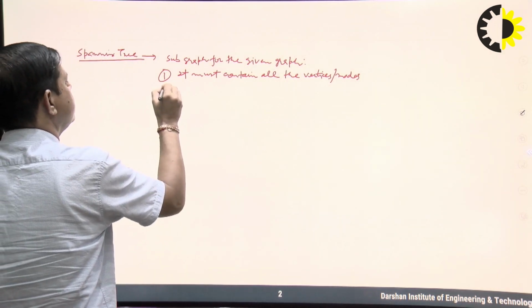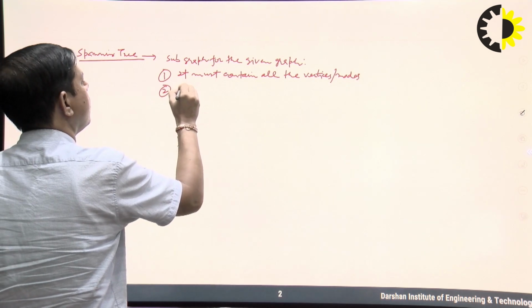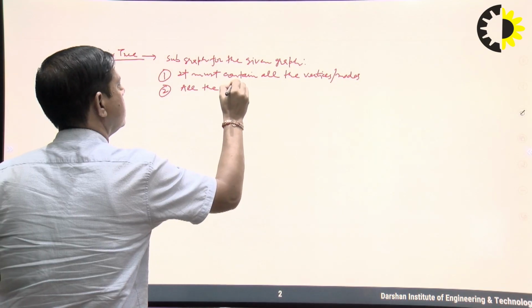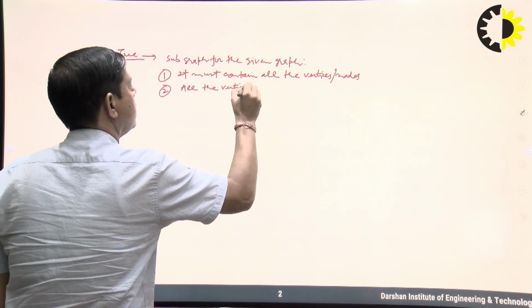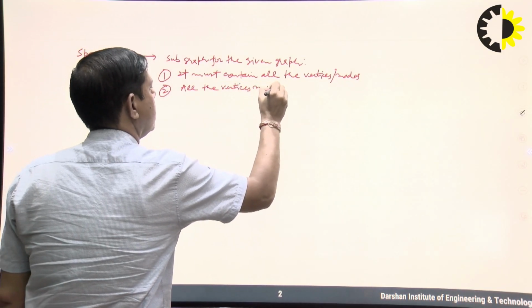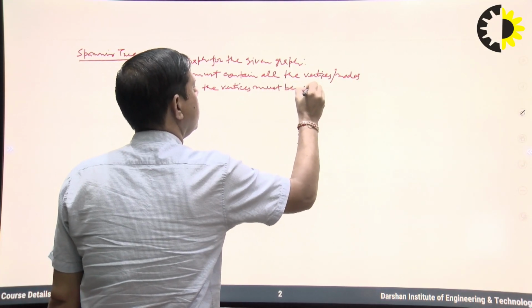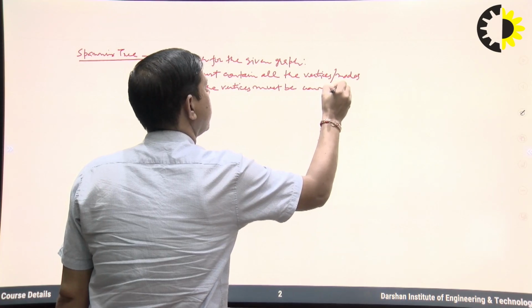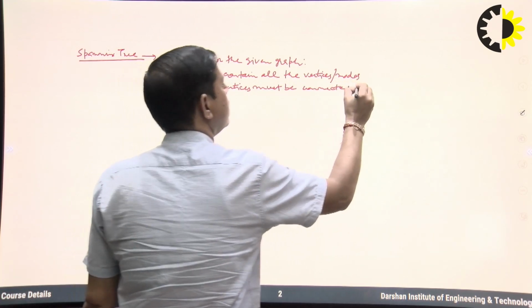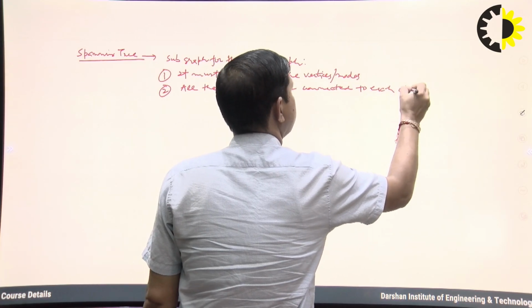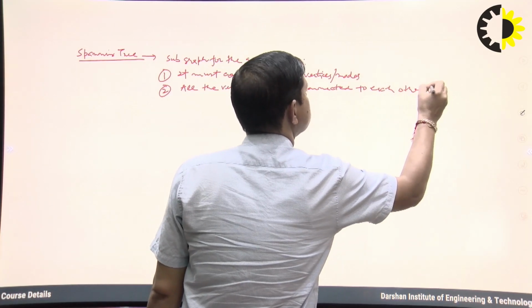The second condition: all the vertices must be connected to each other in some way.